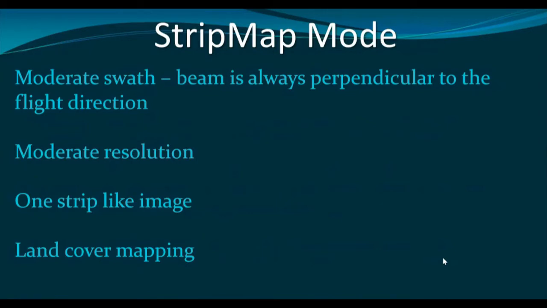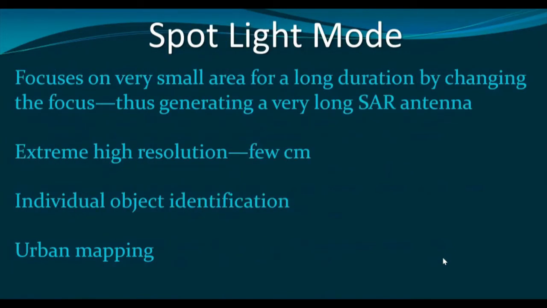Now, another mode is called spotlight mode. In spotlight mode, the sensor focuses on a small area for a longer duration of time, and thus it can generate a very long synthetic aperture. Now, how can the sensor focus on a specific area for a longer duration of time? The sensor is moving continuously, it is on a moving platform. That means we have to tilt the antenna again.